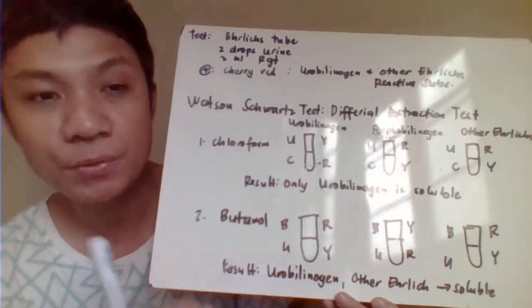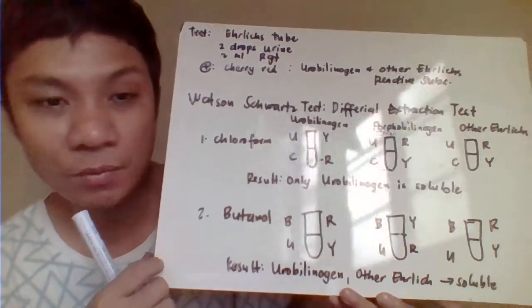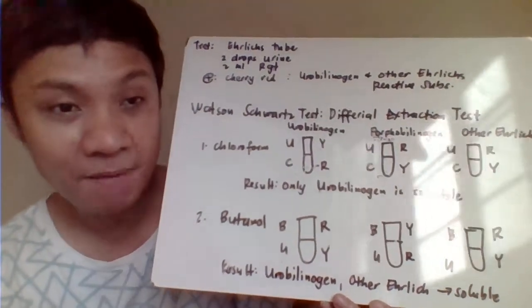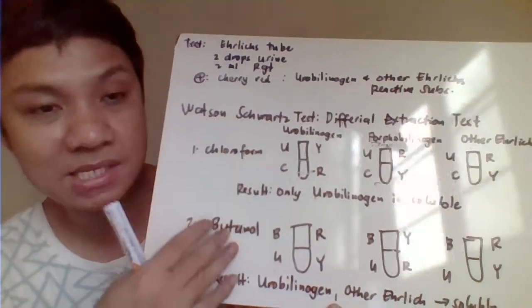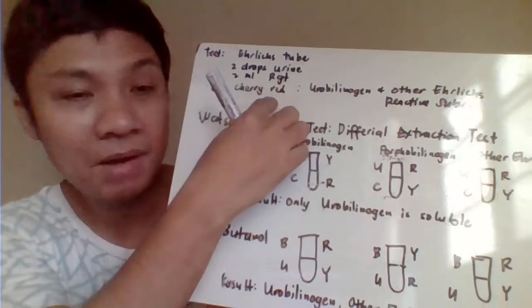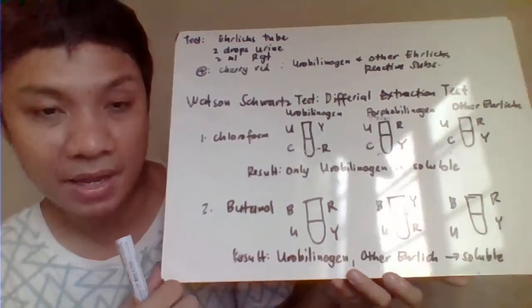Therefore, that allows you to differentiate whether what is really present is urobilinogen, other Ehrlich's reactive substances, or porphobilinogen, if you get a positive result on the Ehrlich's tube test.